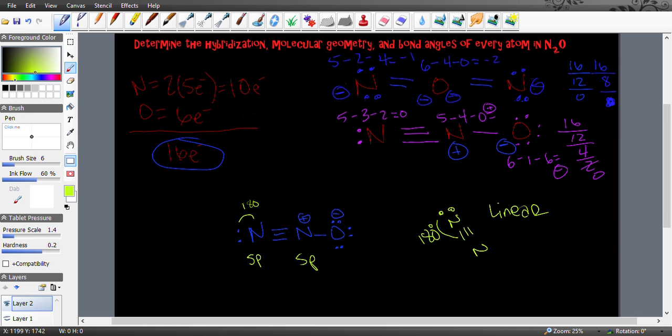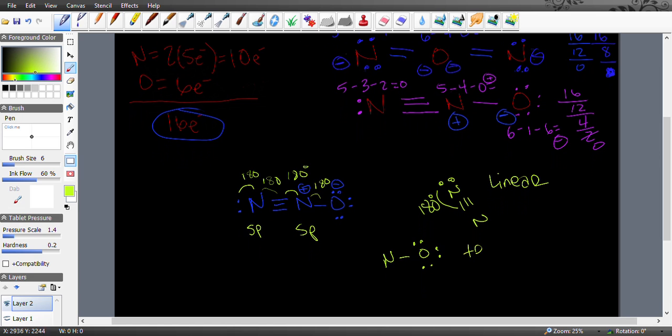180 here, 180 here, 180 here, 180 here. Now with oxygen, you have N-O with 3 electron groups. So the electron geometry is going to be tetrahedral, right? You have 4 groups. But if you're looking at the molecular geometry, it's also going to be linear because you've taken away 3 of those groups.